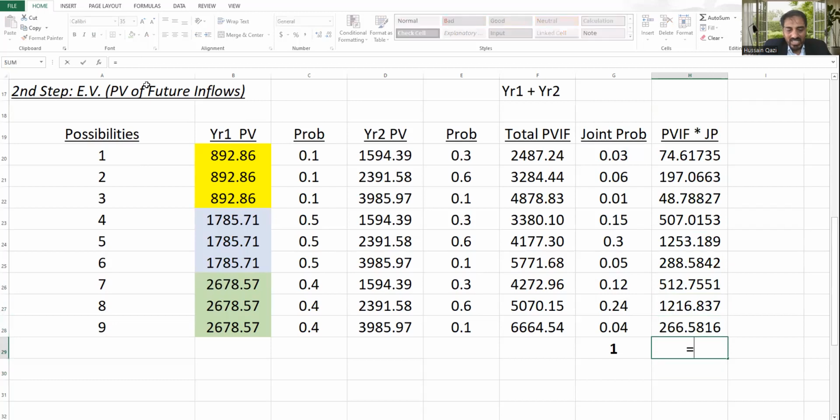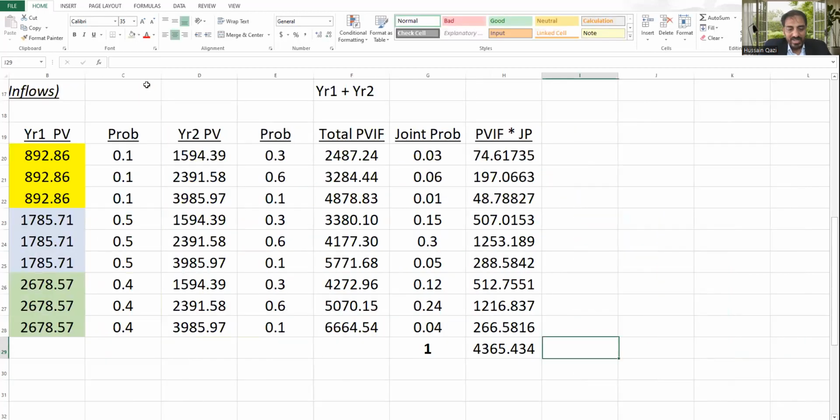And what is this sum? What is this sum about? This is about present value of inflows, present value inflows expected by incorporating JP, joint probability. By incorporating joint probability.